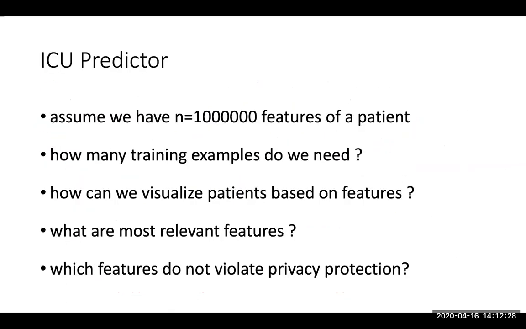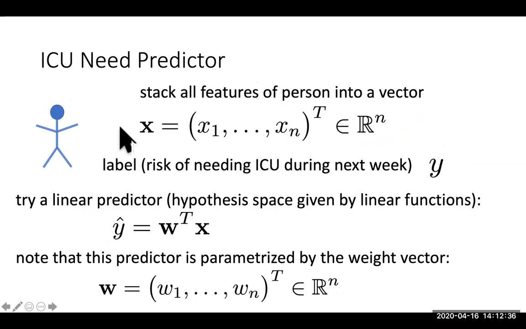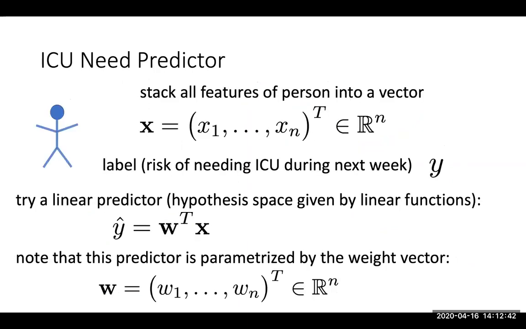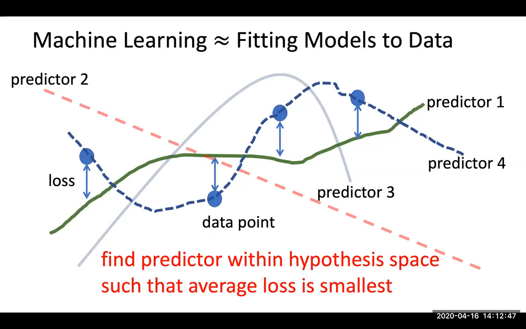So if you have, for example, 1 million features, which is not unusual nowadays because we collect so much data about individuals that we can easily find 1 million quantities that characterize the person, we need at least 1 million data points, otherwise we overfit for sure. So you will typically overfit when you have a lot of features.